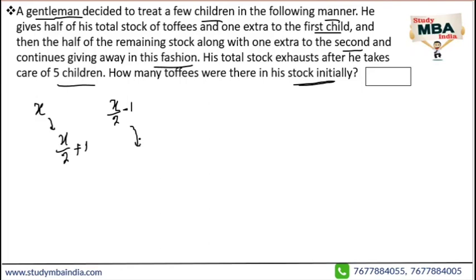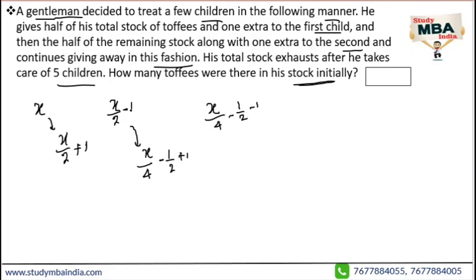Again he gives half of this, x/4 minus 1/2 plus 1, and is left with half of this minus 1, so x/4 minus 1/2 minus 1.